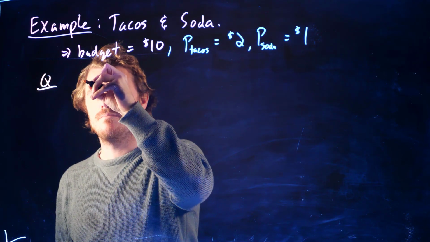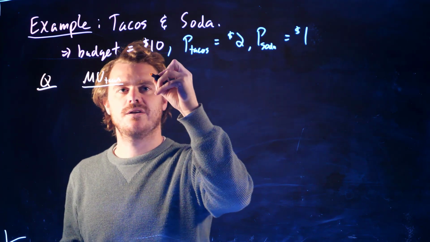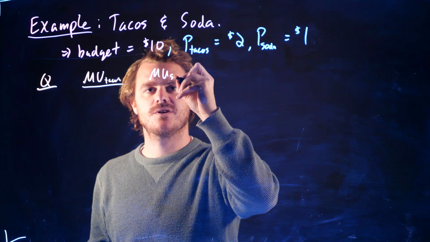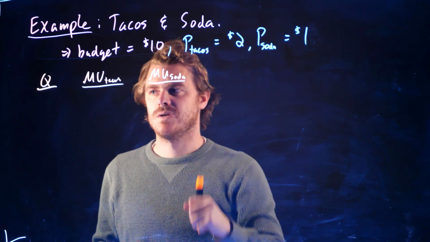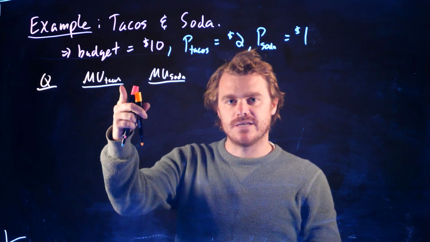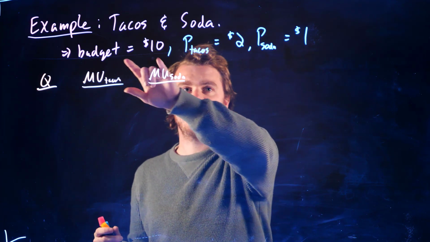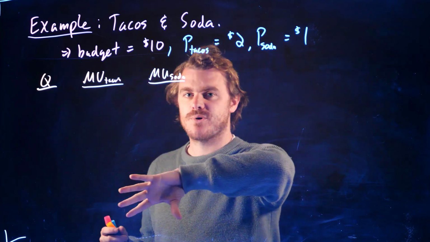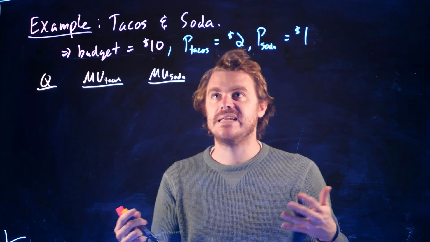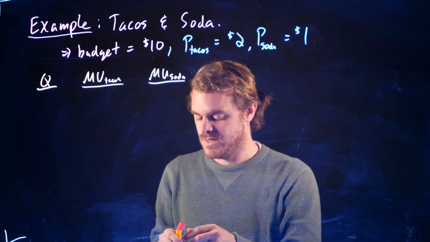This will be the marginal utility of tacos. Here's the marginal utility of soda. And so we need to be given what these marginal utilities are going to be, right? These are our preferences. We're trying to use our budget and the prices as well as these preferences to come up with the combination of tacos and sodas that maximize our total utility.